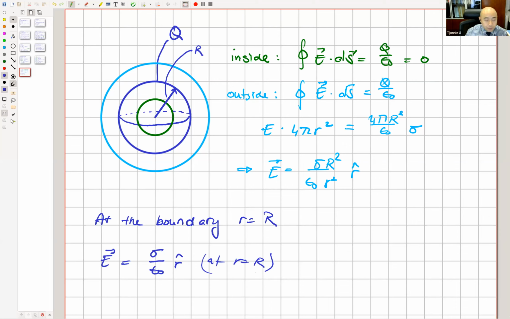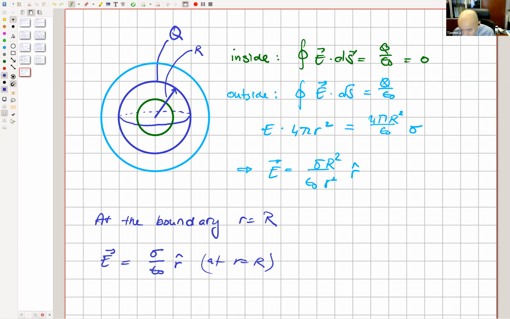Okay, so indeed, this is something that we now see an explicit example of. We have that the normal component, so perpendicular to the surface, is discontinuous. We can see it here.